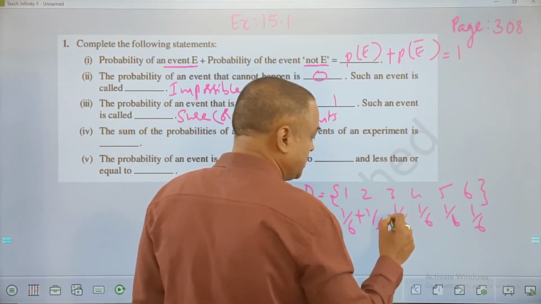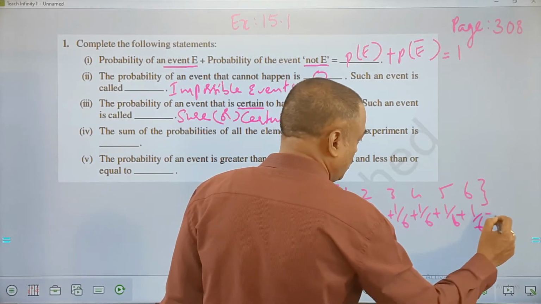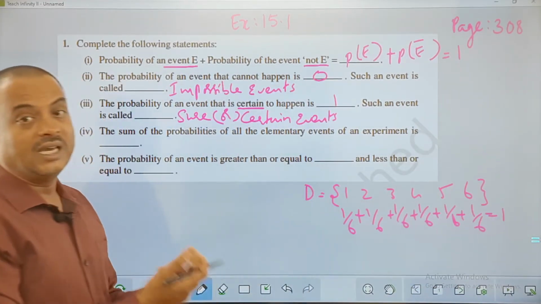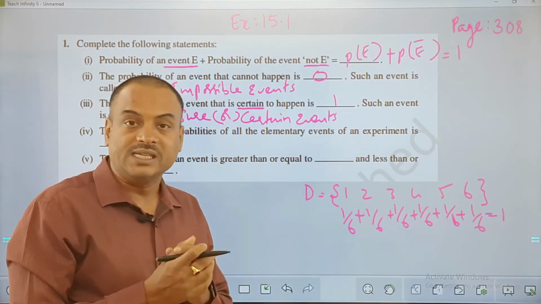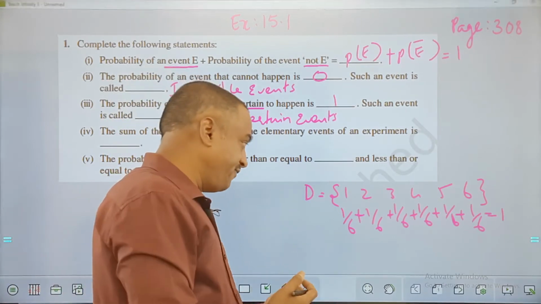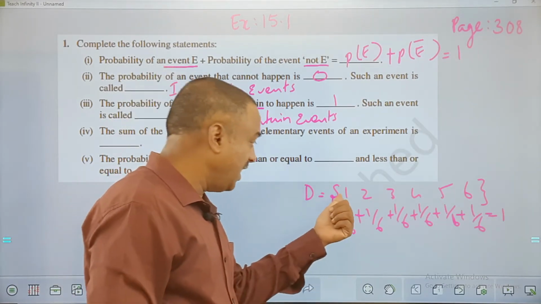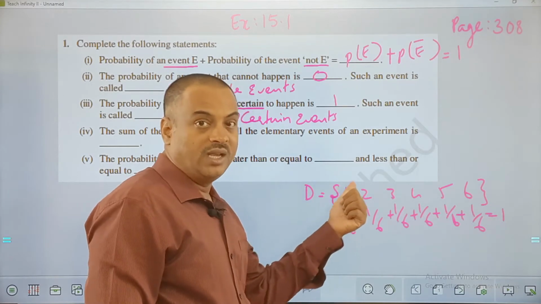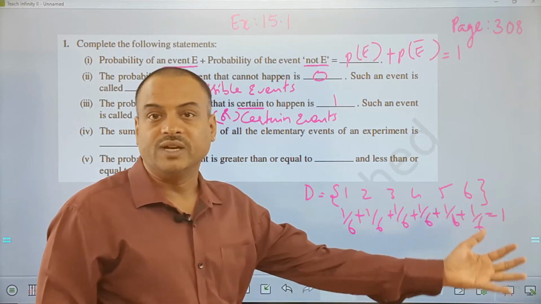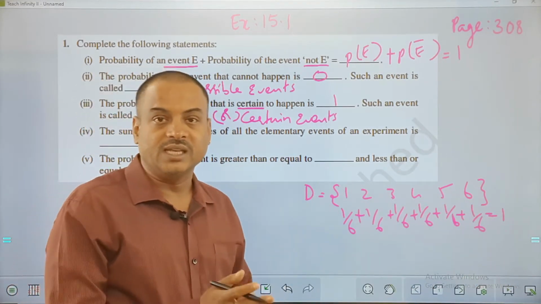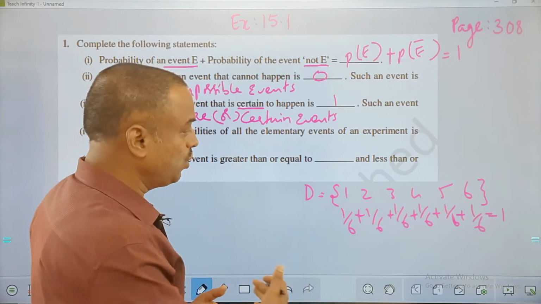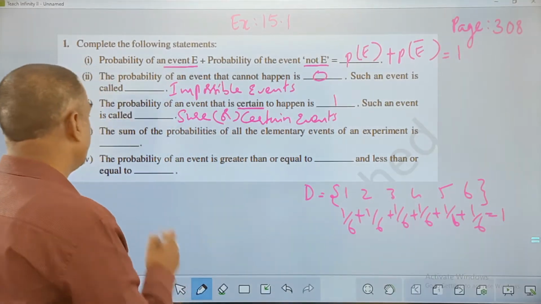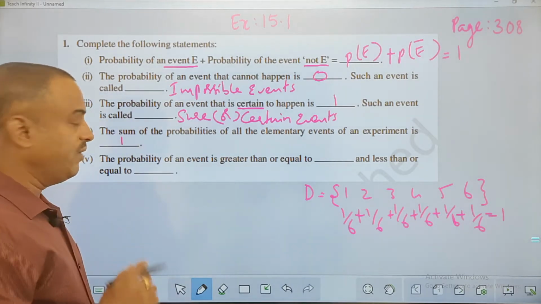The sum of all these is equal to 1 because all the faces have equally likely chances of coming. Every elementary event has an equal chance of 1/6. So the total sum will be equal to 1. The answer for this question is 1 for sure.